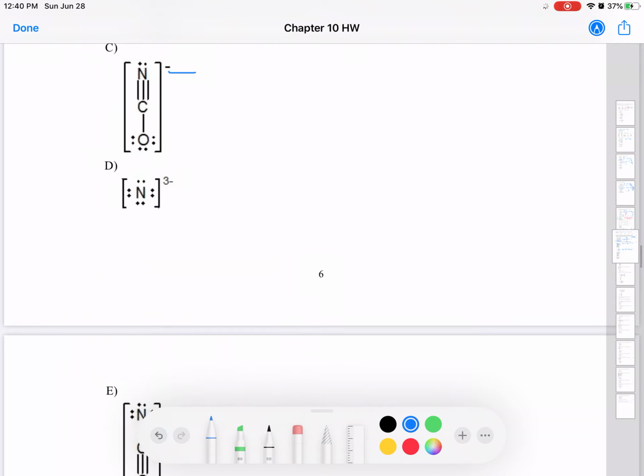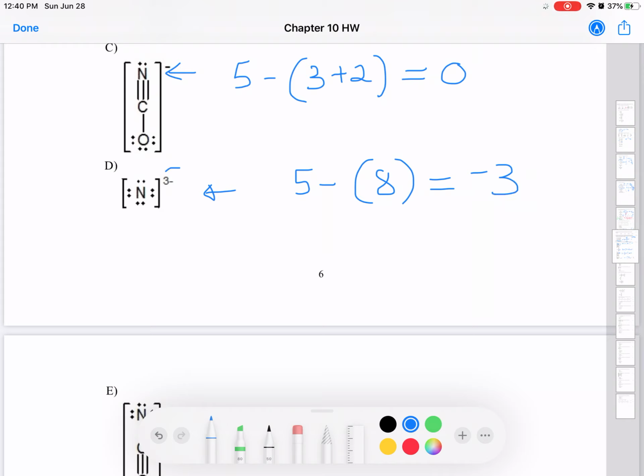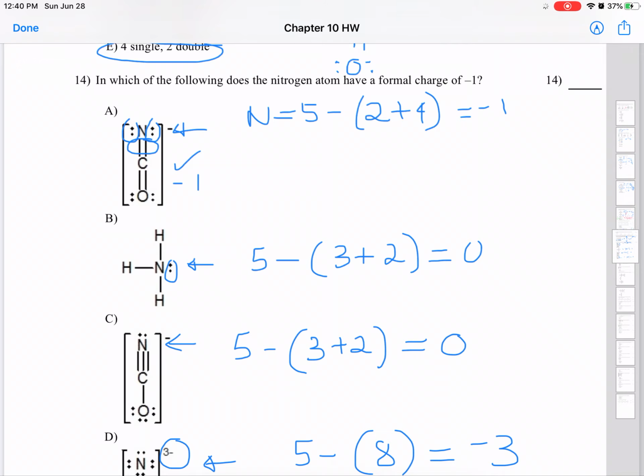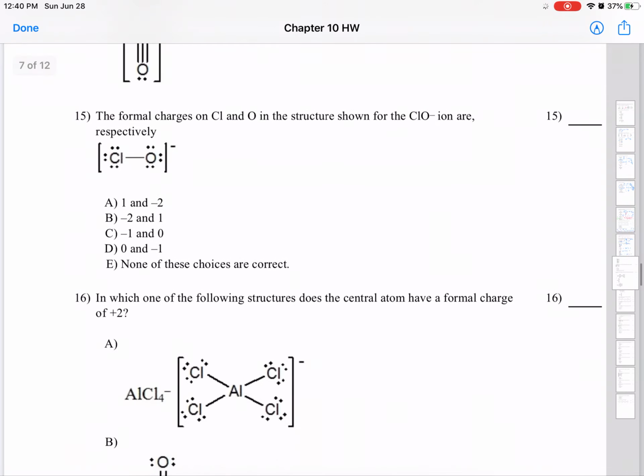Group number for nitrogen is 5 minus the number of bonds 3 plus the electrons 2. So 5 minus 5, 0. And for this one, the group number is 5 minus the number of bonds. There are no bonds in it, but the lone electrons 2, 4, 6, 8. So 5 minus 8, minus 3. The formal charge of that is minus 3. So the correct answer for this one is the first one, nitrogen having formal charge minus 1.